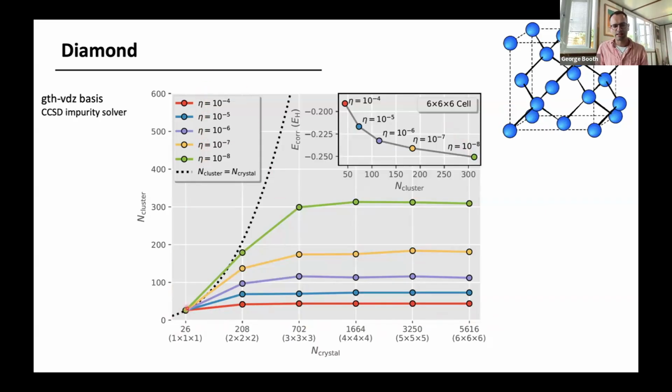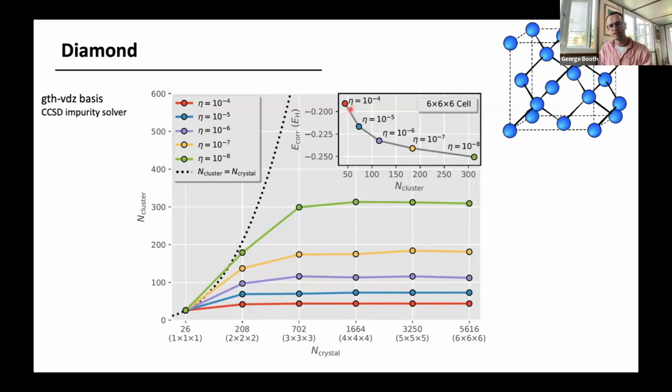And what you can see is that the size of these interacting clusters saturates for a given threshold of these bath spaces. So we can increase the supercell size, and the resulting size of the impurity models, although they're not really impurity models anymore, it saturates. So it's capturing the interacting physics at a given length scale.